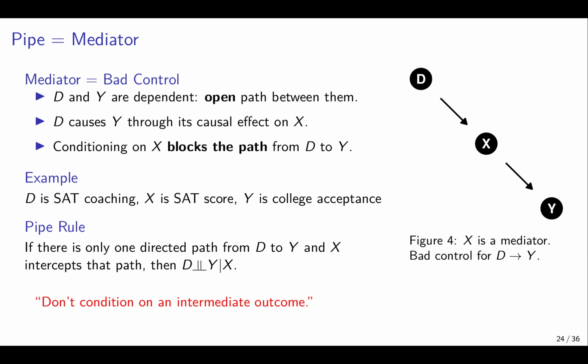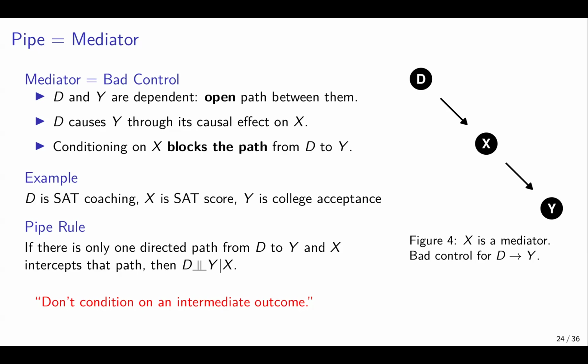There's definitely an effect of SAT score on college acceptance, but if we conditioned on SAT score when we're trying to estimate the effect of coaching on college acceptance, that wouldn't make any sense, because in this picture, all of the causal effect on college acceptance caused by SAT coaching would have to flow through SAT score. So now we have the rule that we need to learn for a pipe. If there is only one directed path from D to Y, and X intercepts that path, then D is independent of Y given X.